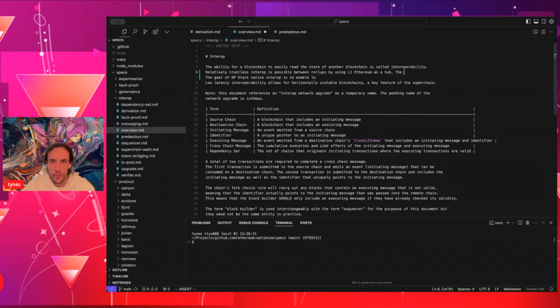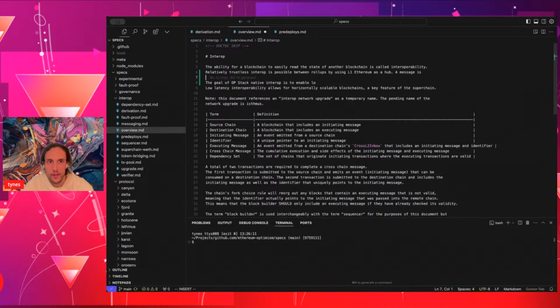The message is withdrawn from one chain to L1 and then deposited to another chain.